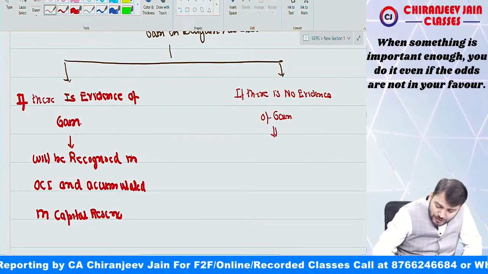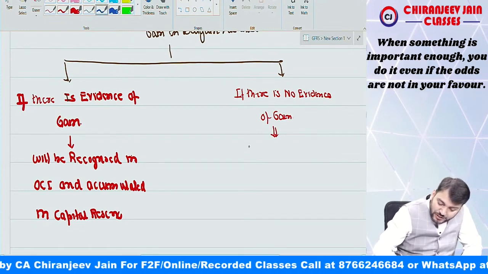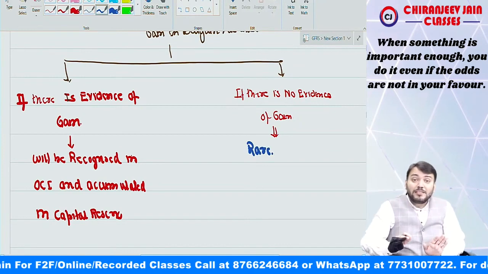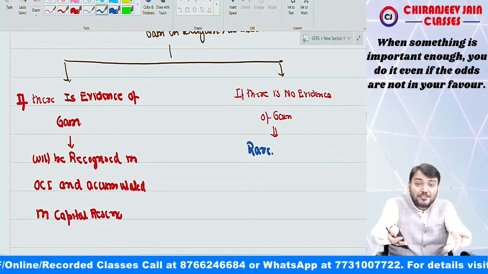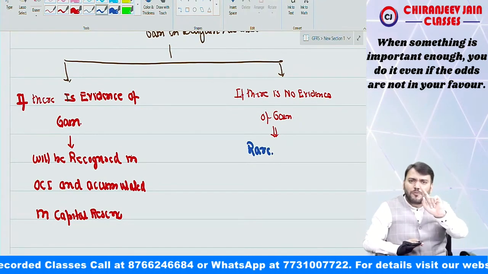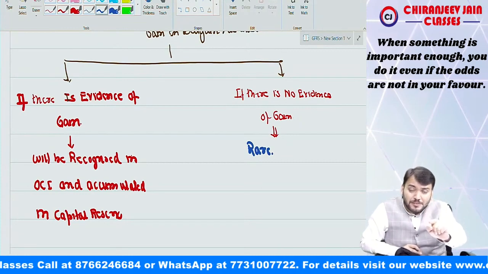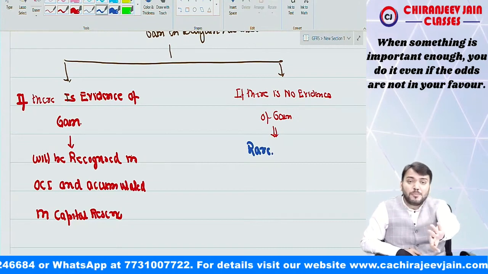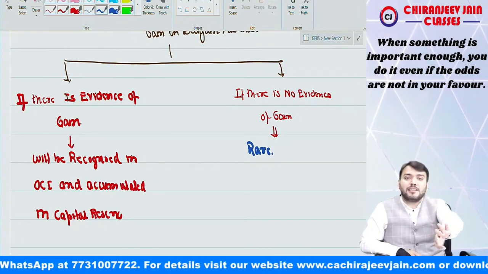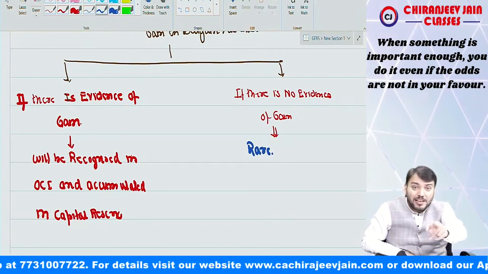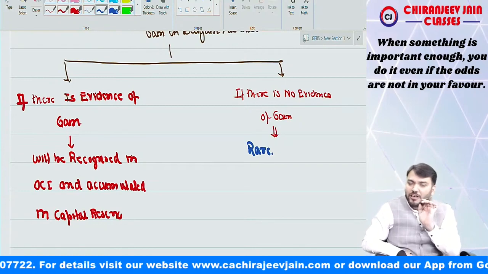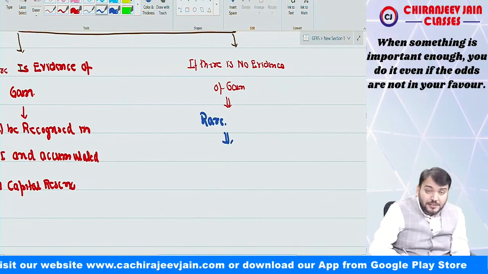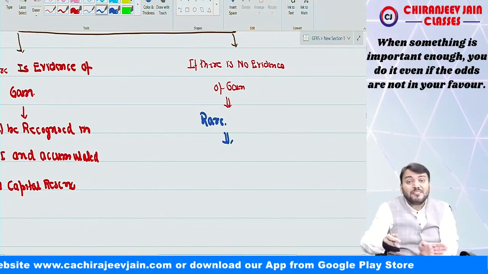So what Ind AS 103 says, this is a rare circumstance. Rare circumstance means the acquiree is not under compulsion of sale, so of course they will charge consideration equal to the fair value of net assets or more than the fair value of net assets. Of course they will not charge less than the fair value of net assets. I hope you are understanding. So it is a rare circumstance. What they said in this case is that there might be some mistake in valuation.